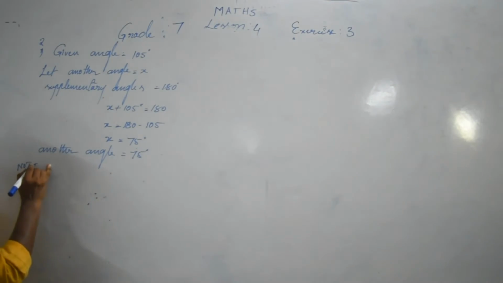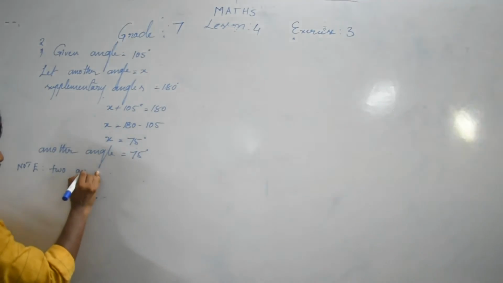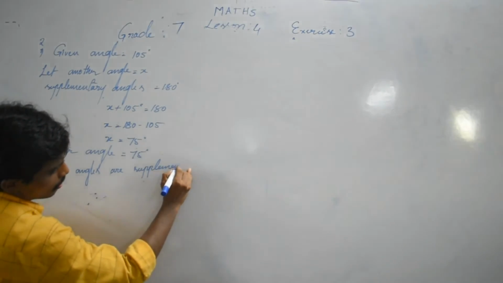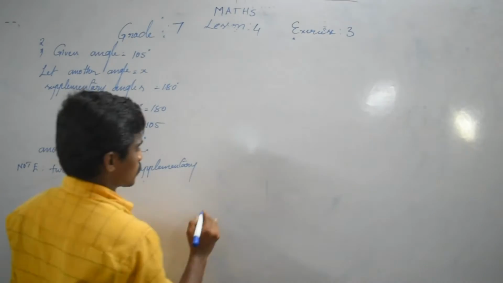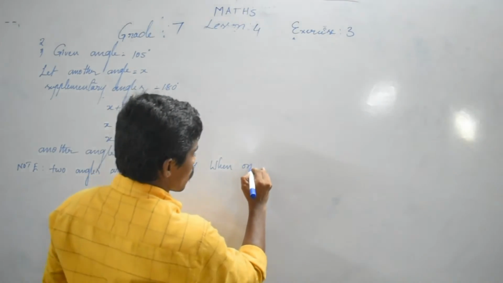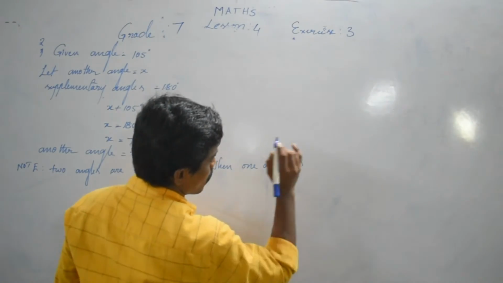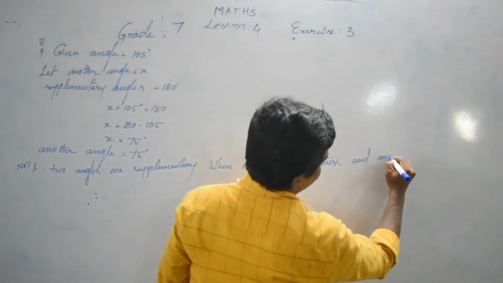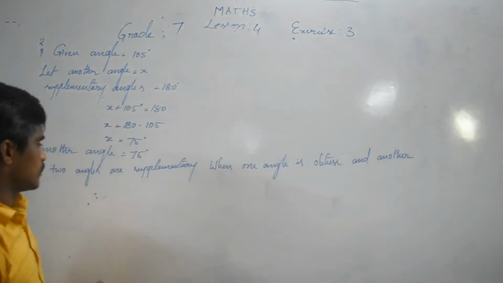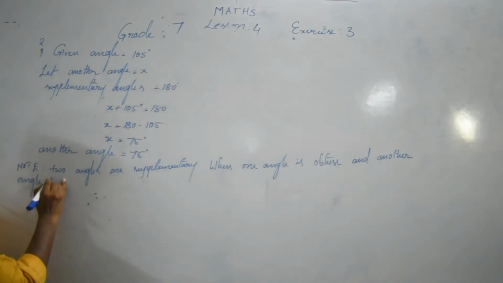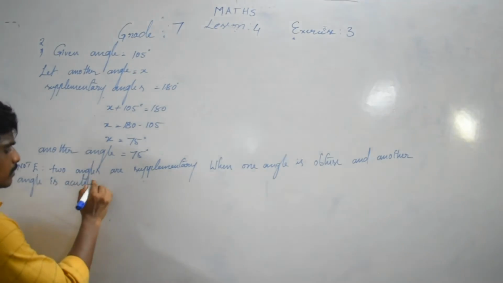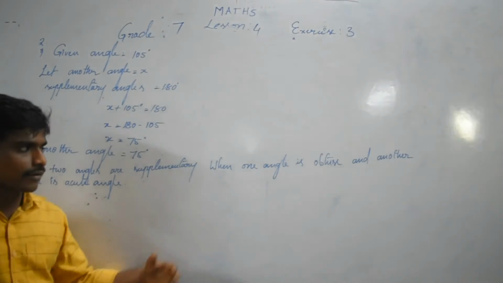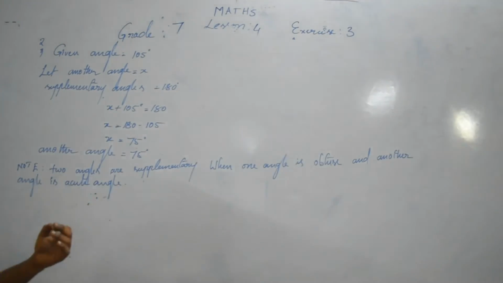Note: two angles are supplementary when one angle is obtuse and another angle is acute.